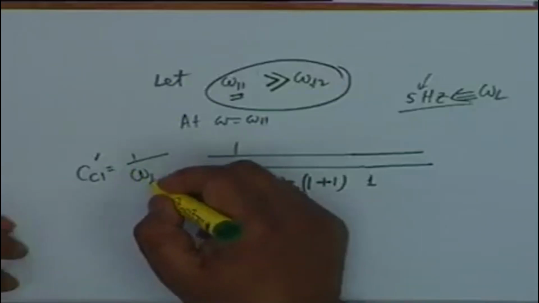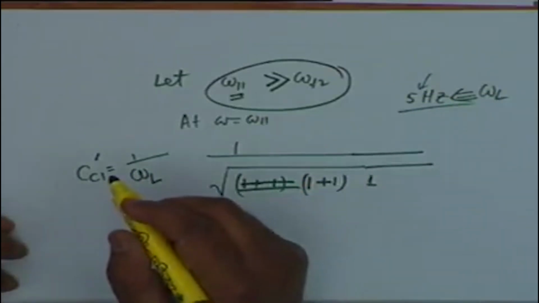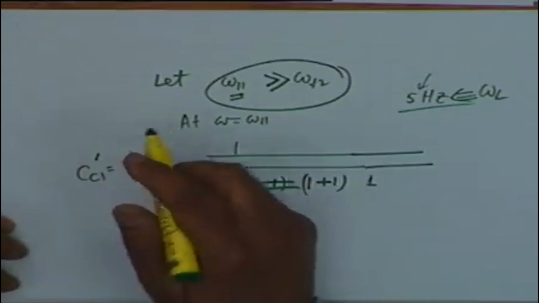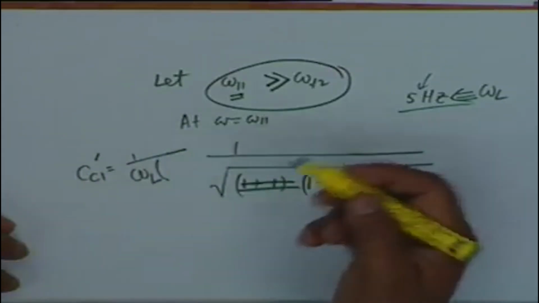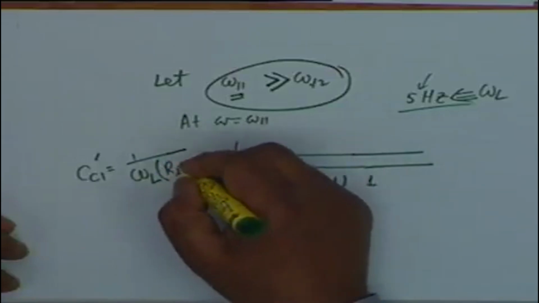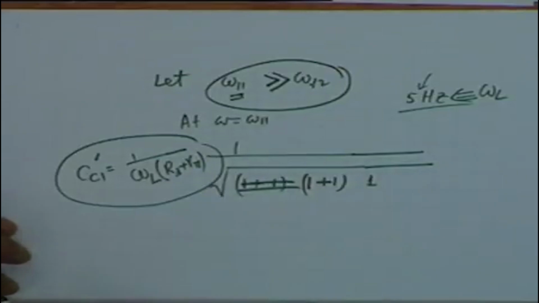No, 10 pi. 2 pi times 5, you must not make a mistake. So, from the specified omega L, you find out CC1, the coupling capacitor 1, which would be omega L times, what is the resistance? Rs plus R pi. You calculate this capacitance.